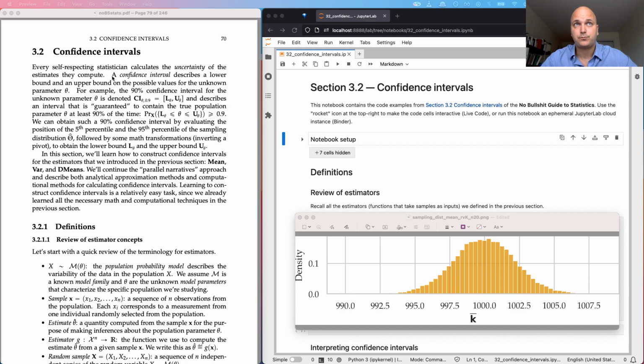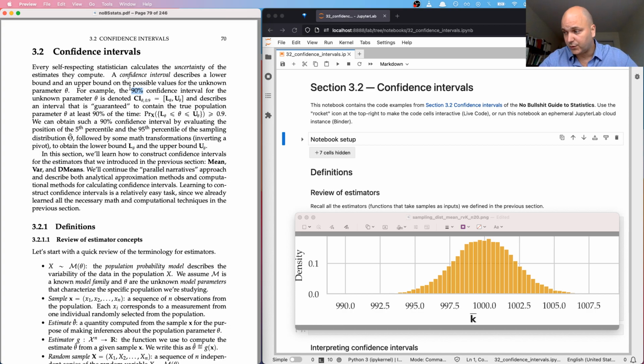So the standard way to do this is called a confidence interval. And the confidence interval comes with a parameter, the level of confidence. For example, a 90% confidence interval says roughly I'm 90% sure that the parameter is somewhere between here and here.